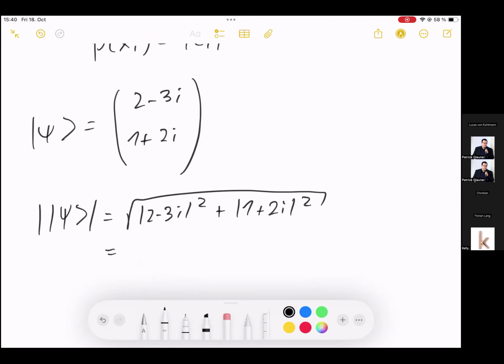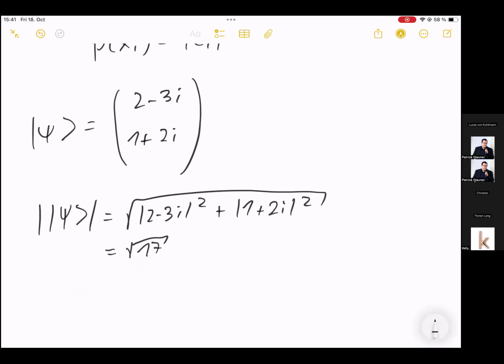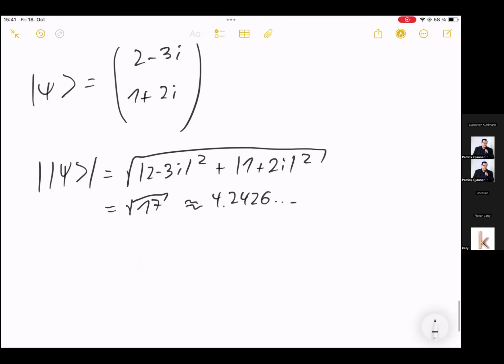You can, once you've calculated this, let us know. It's the square root of 17, which is approximately something like 4.2426 and so forth. And we could then normalize our vector by dividing it by its length.